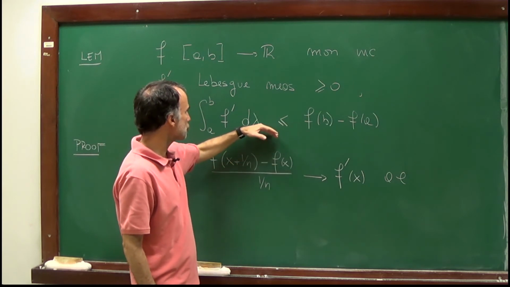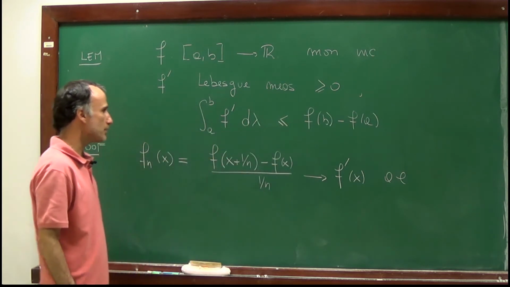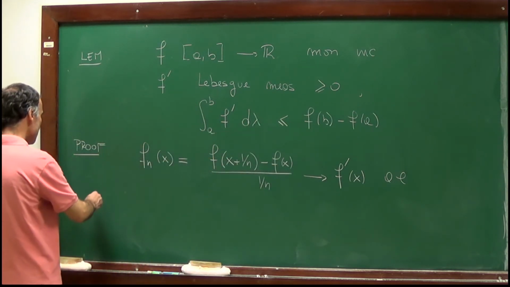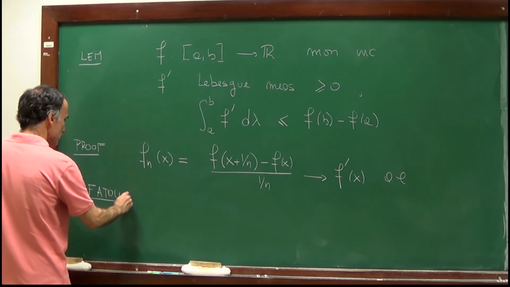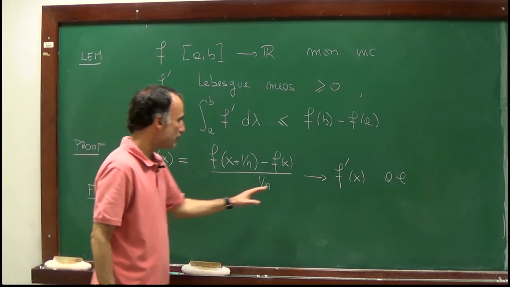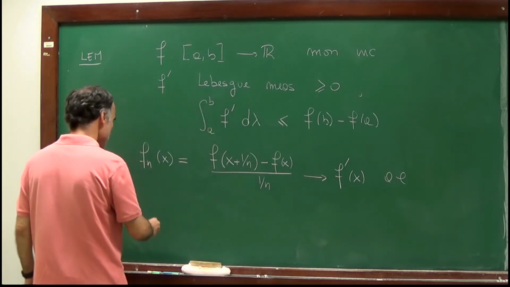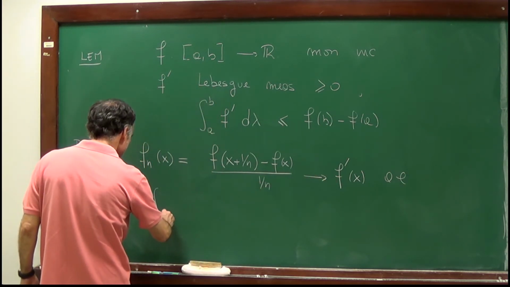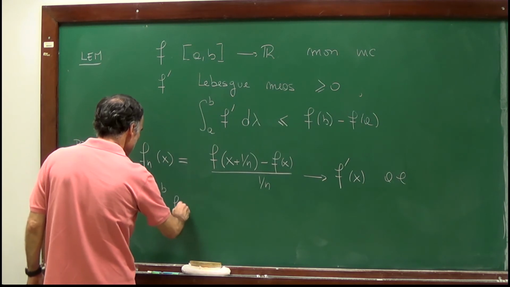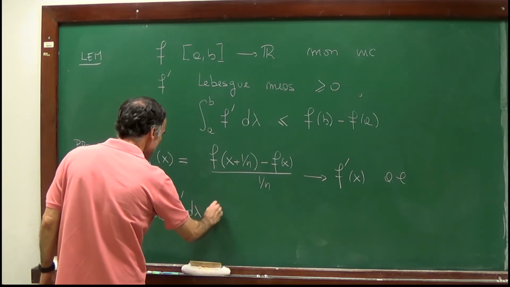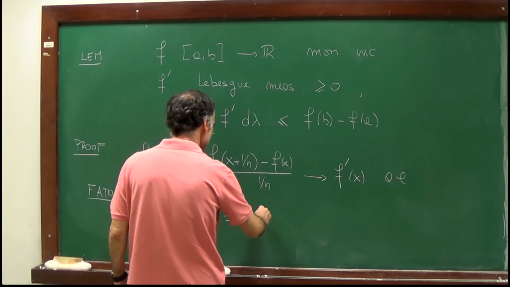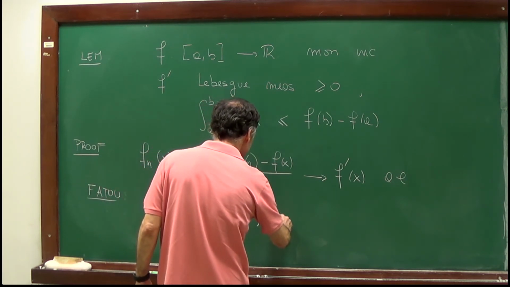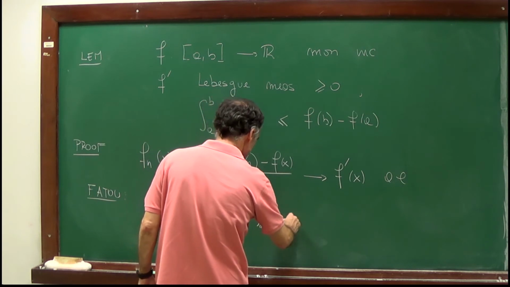Then it remains to show this inequality, but that's very easy. It follows from Fatou. Okay, so we have a sequence f_n converging to f prime. By Fatou's lemma, we know that the integral of f prime d lambda is bounded by the limit inf of the sequence f_n.